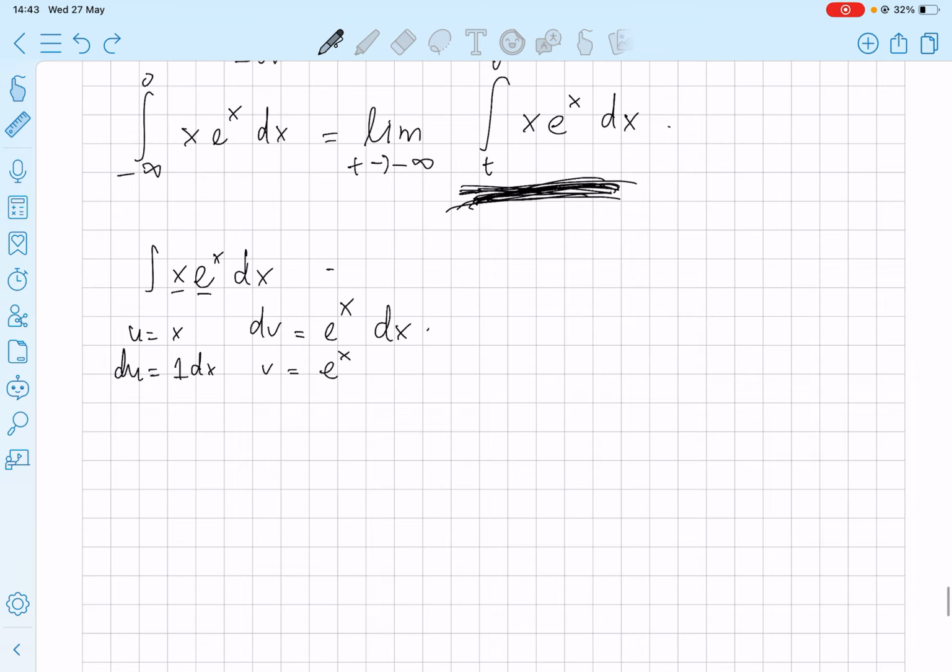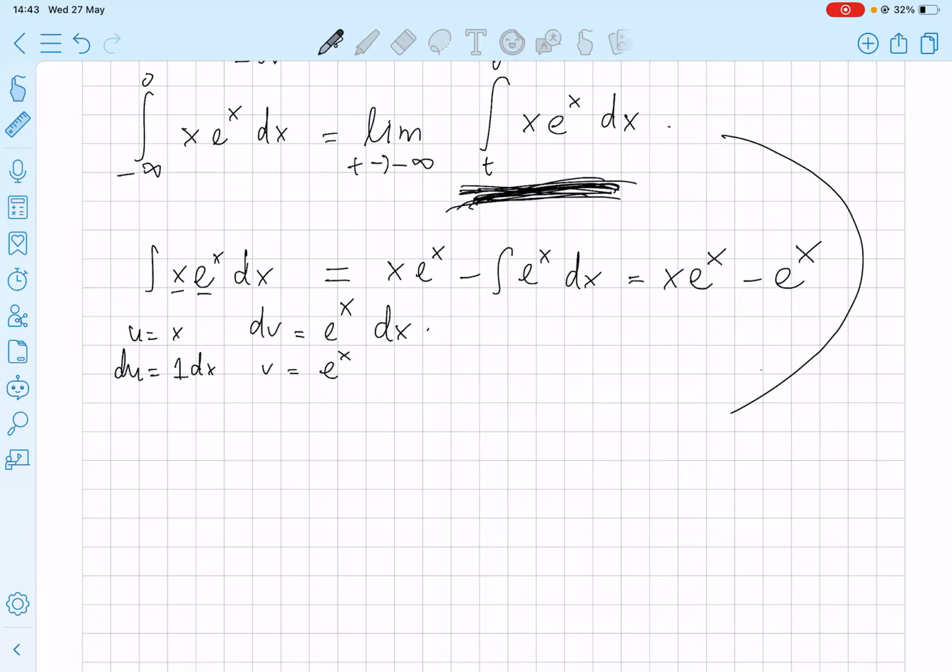By integration by parts, the first term is u times v, so x times e to the power of x, minus the integral of v du, which is e to the power of x dx. This gives us x e to the power of x minus e to the power of x.